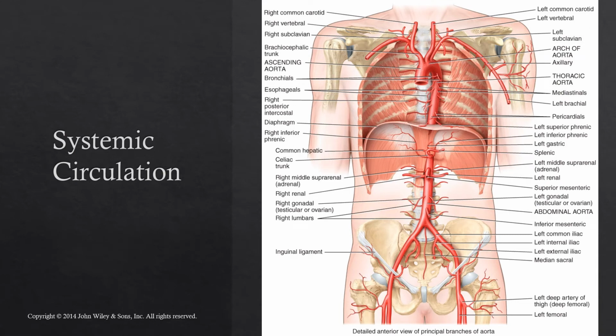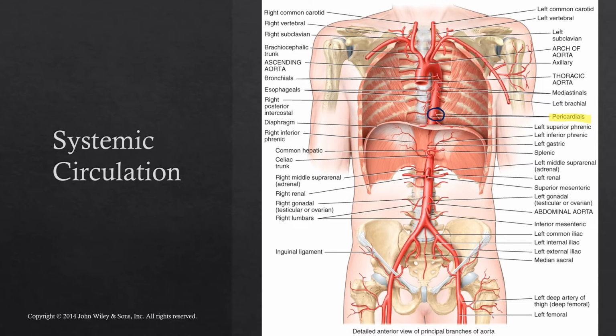And now, as you can see here, the two major branches of the thoracic aorta, the visceral branches and the parietal branches, are going to go to different areas of the thorax. The visceral branches are going to go to organs in the thorax. These are like the pericardials, which are down here.